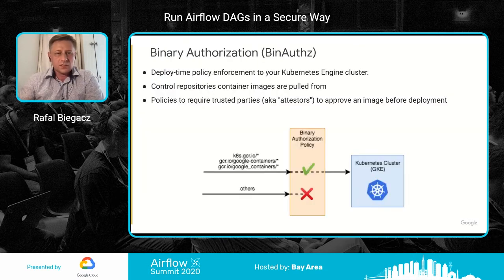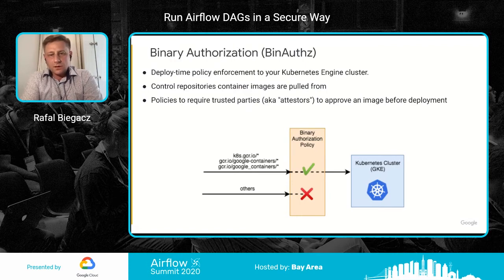And binary authorization is a mechanism that works at deploy time. So whenever you are trying to run a workload on Kubernetes cluster and it needs to pull a container, binary authorization will do the checks for you. And it can start from something very simple, like allowing containers only from the repositories that you define.